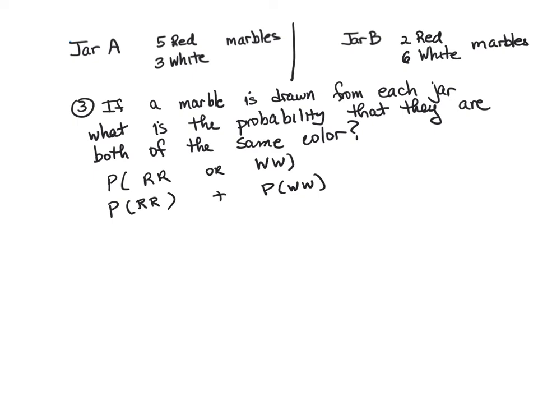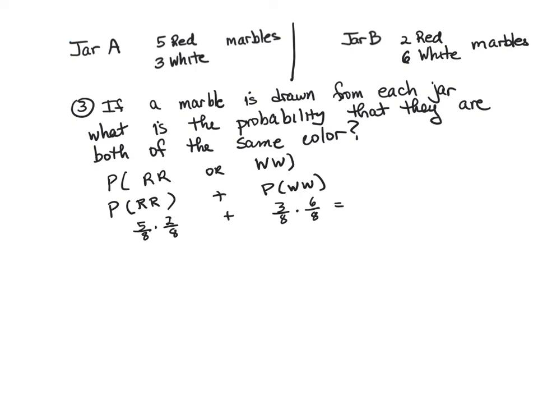So the probability that the first marble's red from jar A is 5 out of 8, and the marble is red from jar B is 2 out of 8. The probability that the marble is white from jar A is 3 out of 8, and the probability that the marble is white from jar B is 6 out of 8.